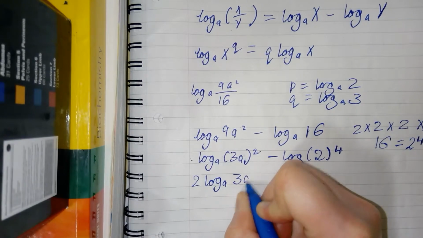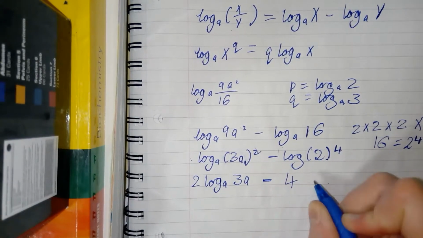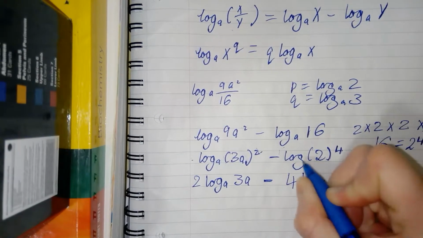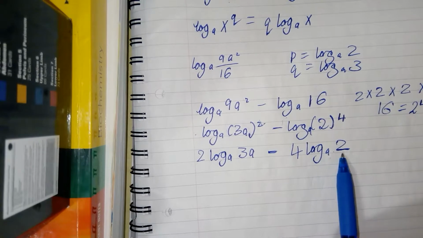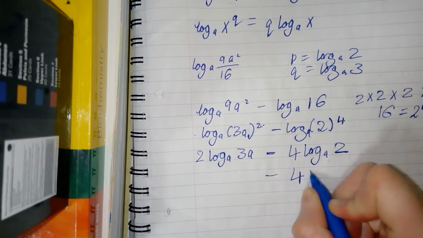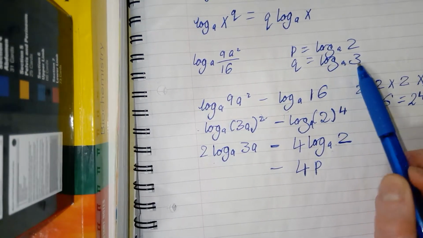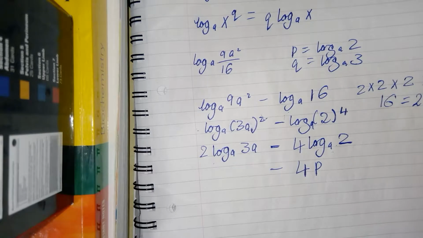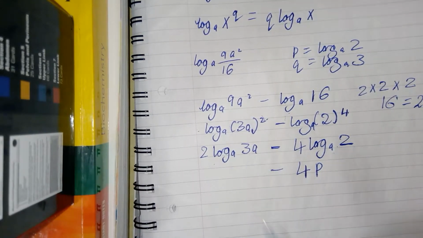3a, and then that's minus, so we can bring our 4 in front of log a, so it should be an a here, and 2. Log a 2 is p, so that one's okay, so minus 4p. But we're left with log a 3a; we know that log a 3 is equal to q, but we don't know what log a 3a is equal to.